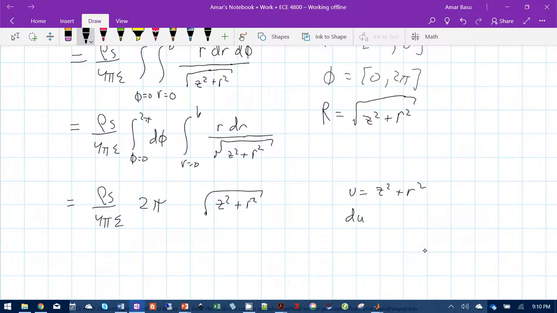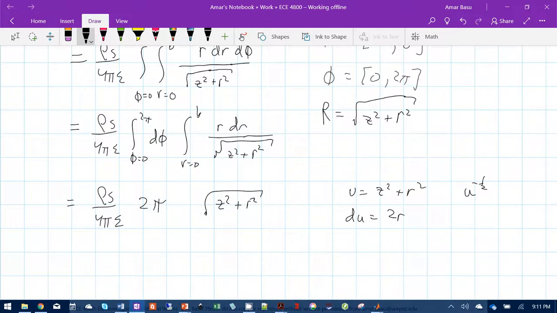Du is equal to 2r. So the form of this integral is u to the negative 1/2. Yeah, this one is actually on the table of integrals. It just comes out to the square root of z squared plus r squared.